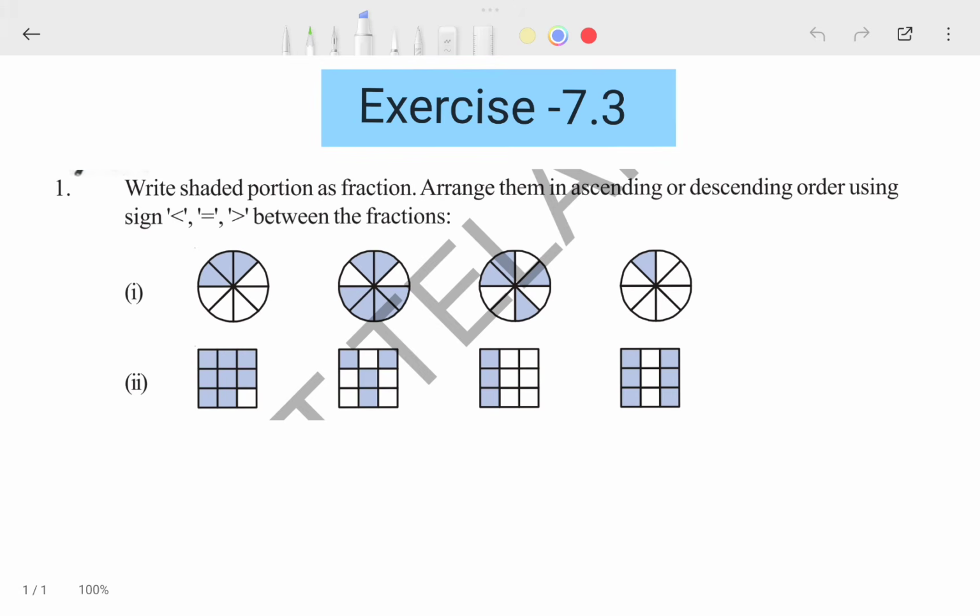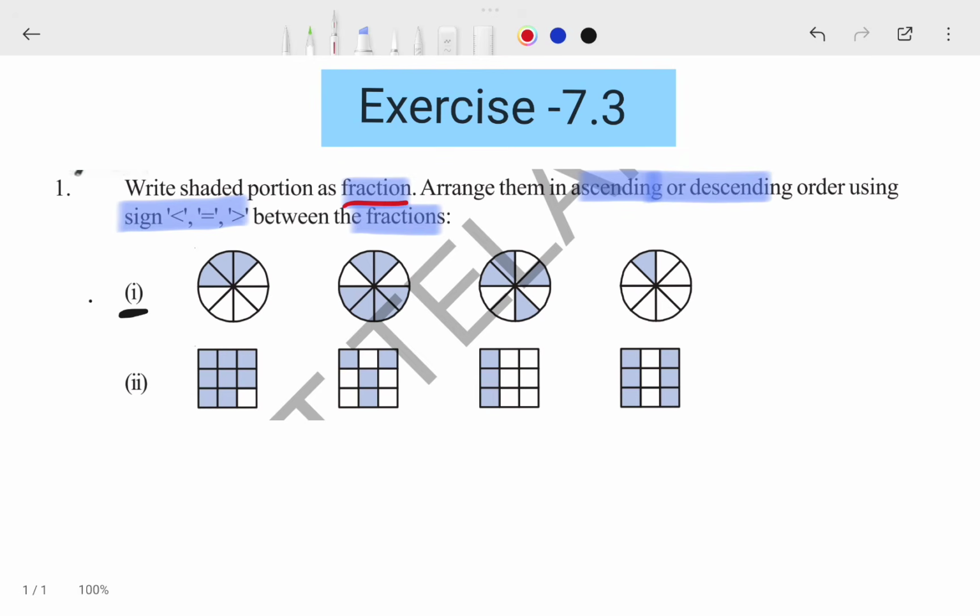Write the shaded portions as fractions and arrange them in ascending or descending order using the symbols between the fractions. Actually, this question is very simple. If you look at this figure, we have to write it in the form of a fraction.